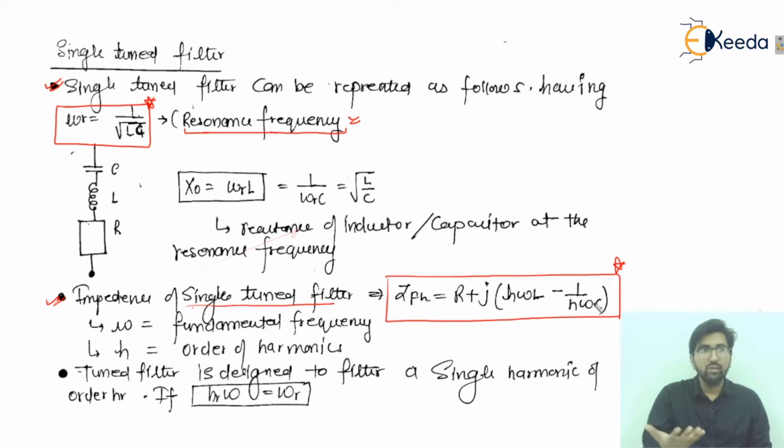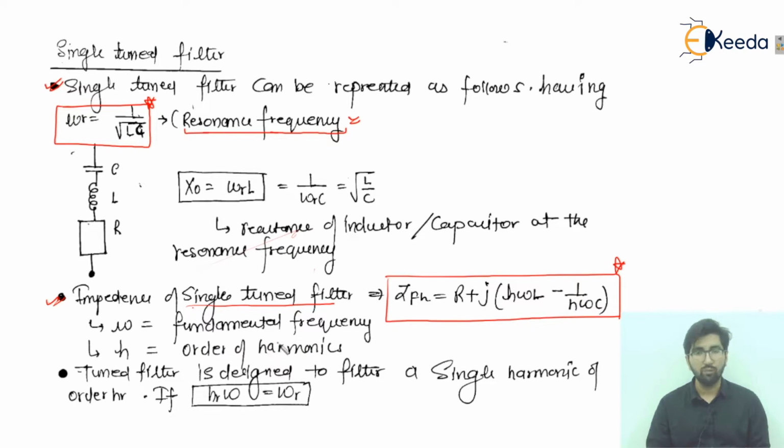Whatever we have talked about in resonance in our network analysis, the same way we have to talk about here, but we have just multiplied by the variable H. R, L, and C you already know. Omega here is the fundamental frequency of the system. H is the order of harmonics.